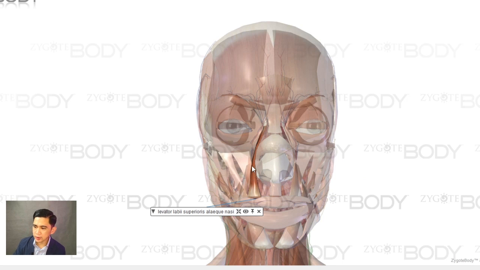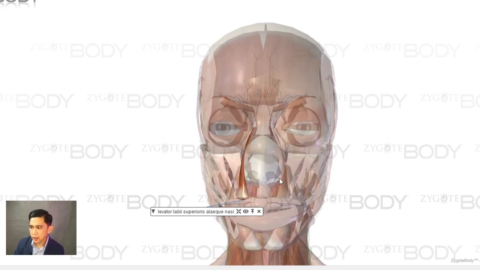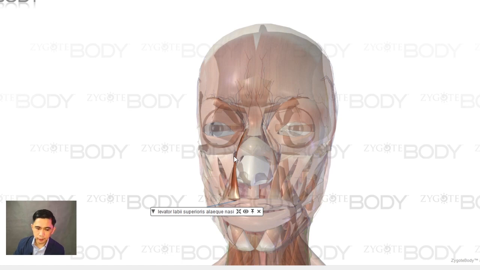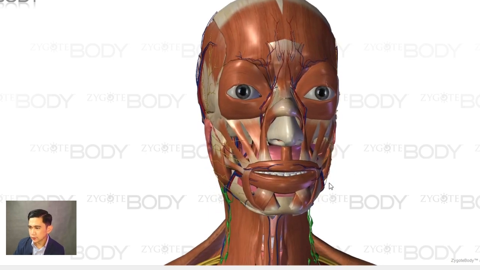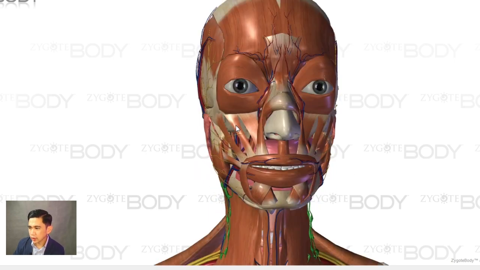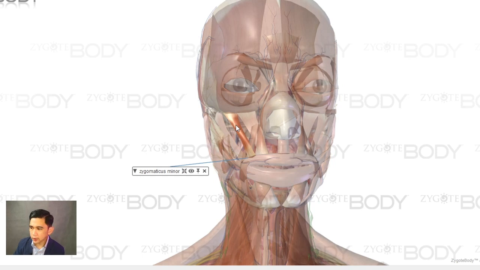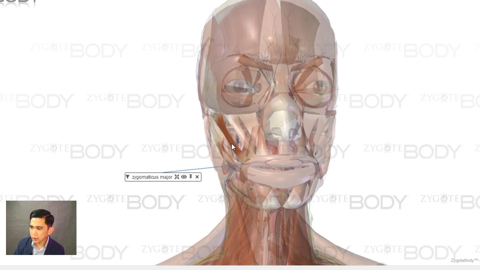And here is the levator labii superioris alaeque nasi. It also contributes to the bunny lines as well as the gummy smile. Now we also have here the zygomaticus minor. This controls our smile, and the major, also another smiling muscle.